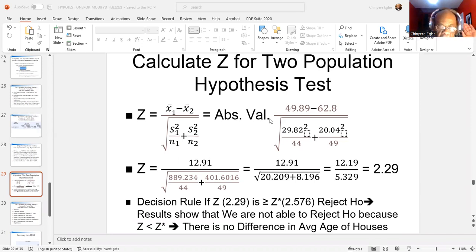Forget about the sign, use the absolute value. And so 49 minus 62 over the square root of 29 squared divided by 44 plus 20 squared divided by 49.